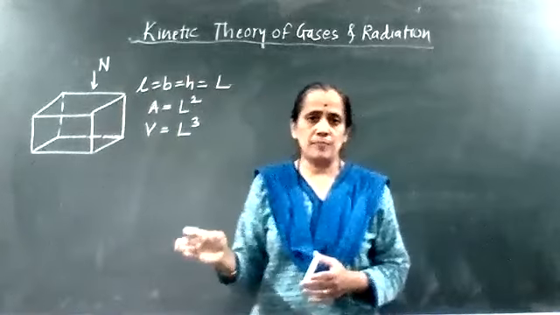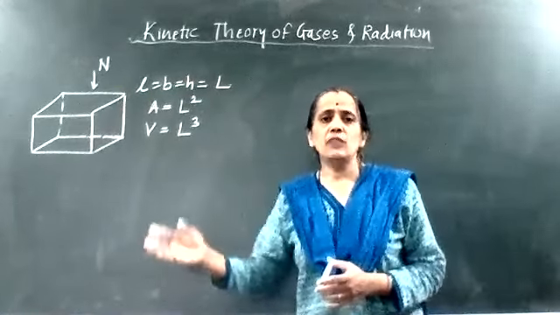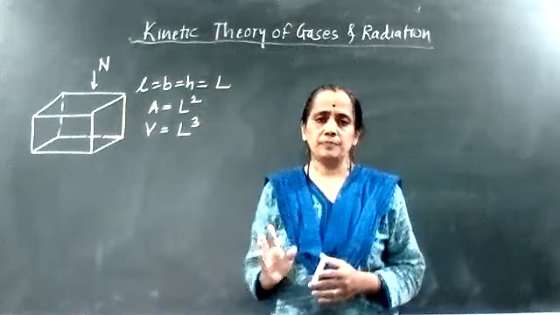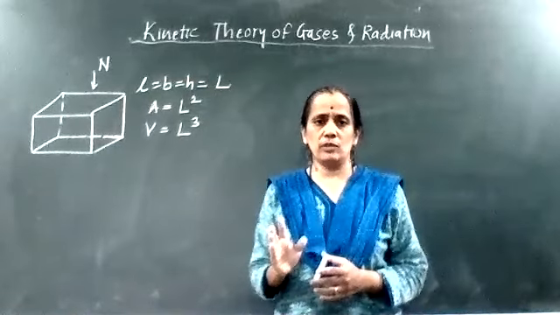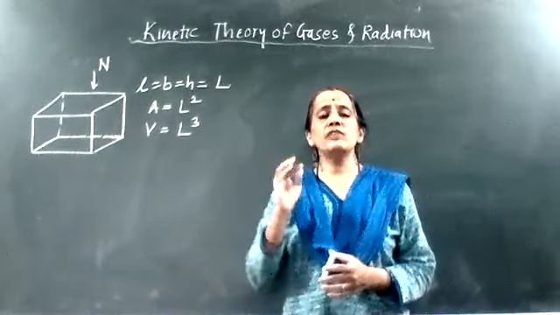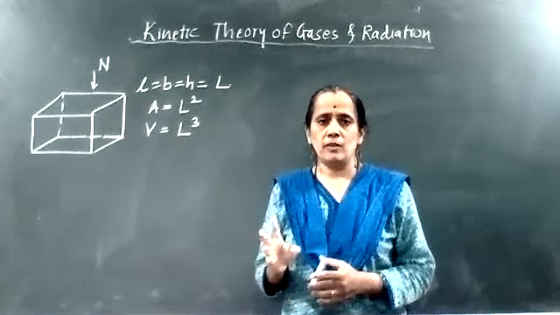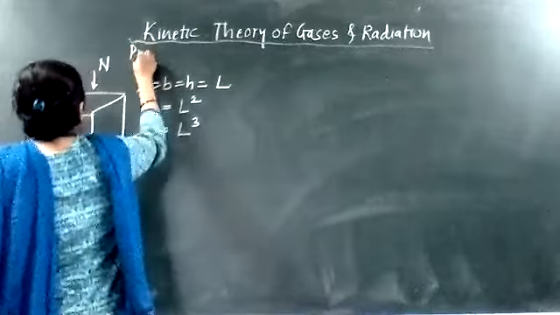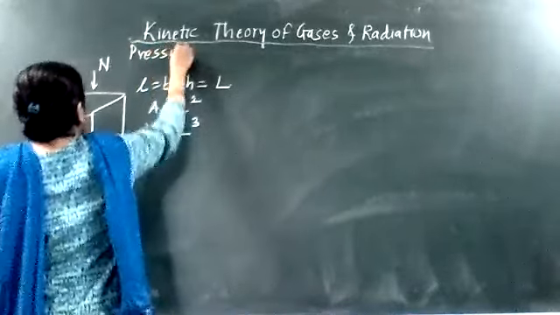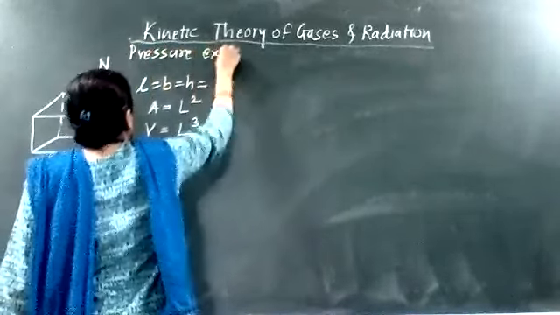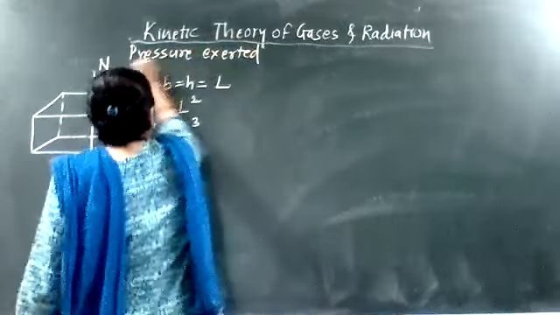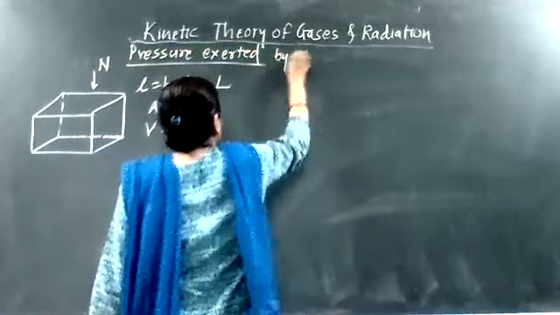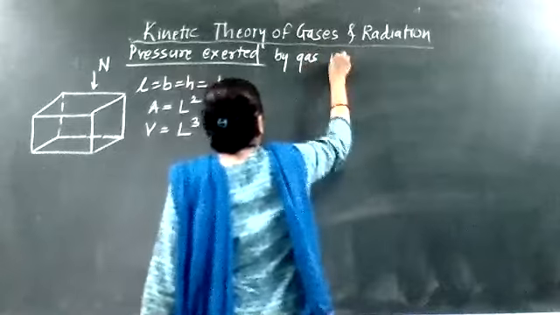At that time, the wall of the container will exert a pressure on the gas molecule. And that we want to calculate. So here we want to find out the pressure exerted by the gas molecule. This I want to calculate.